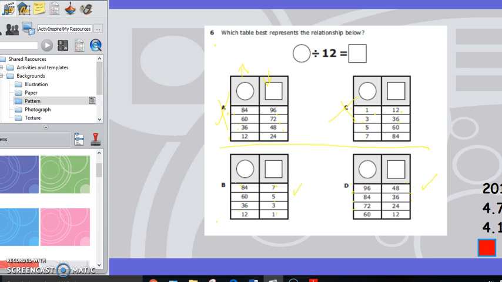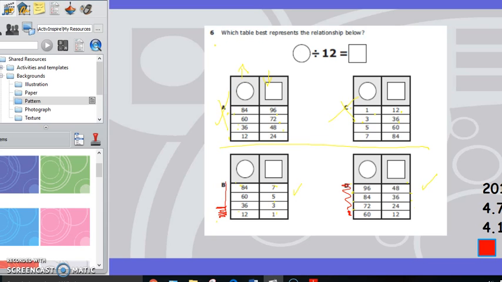So here we go. I like to work with smaller numbers. Yes? So of all these choices, I'm going to go for the easiest one for me, which is going to be the smallest. Right? And in this one, I'm also going to go with the smallest to see if it fits the pattern.